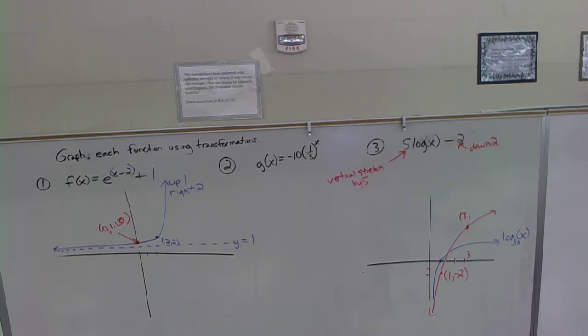Growing too fast still, isn't it? Maybe we should go look and compare here. See if you know the calculator well. You can definitely compare. So let's just do log of x minus 2. And then let's do 5 log of x minus 2. Make that one bold.